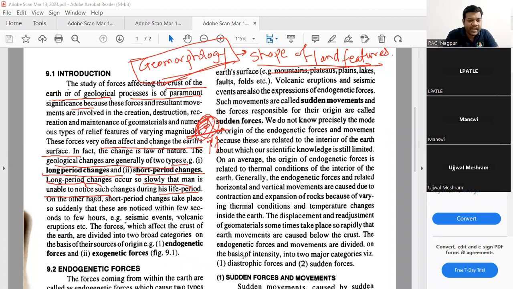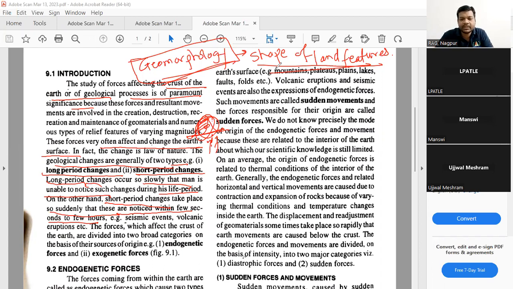On the other hand, short period changes take place so suddenly that they are noticed within a few seconds or a few hours. The best example for this is earthquake. Sudden process. Even before you come to know what actually happened, seismic waves will strike the earth's surface, it will destroy everything, right?